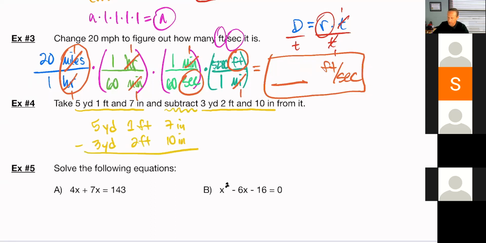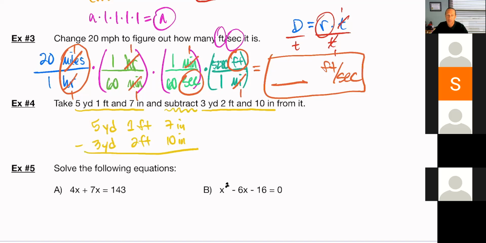And for those of us that did the homework, this is basically what we were doing with the degree minute second notation. Look at you making connections already. Very good, Jacob. I'm just trying to make it more relatable so that you can make that connection. So where do we always start? Well, I could take 5 yards and subtract 3 yards and know that I have 2 yards.